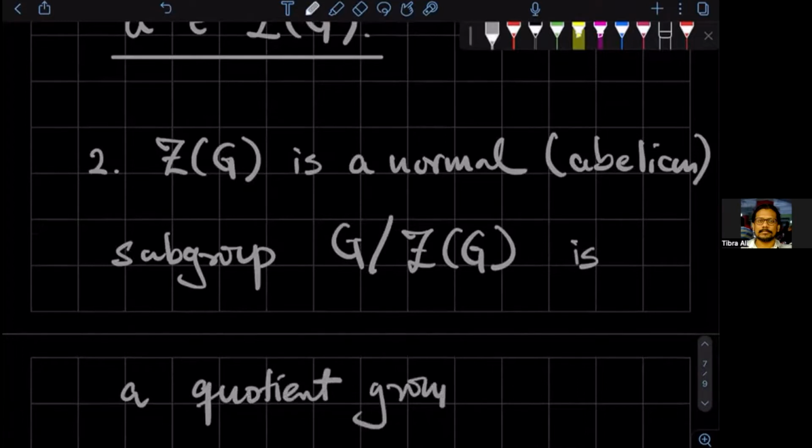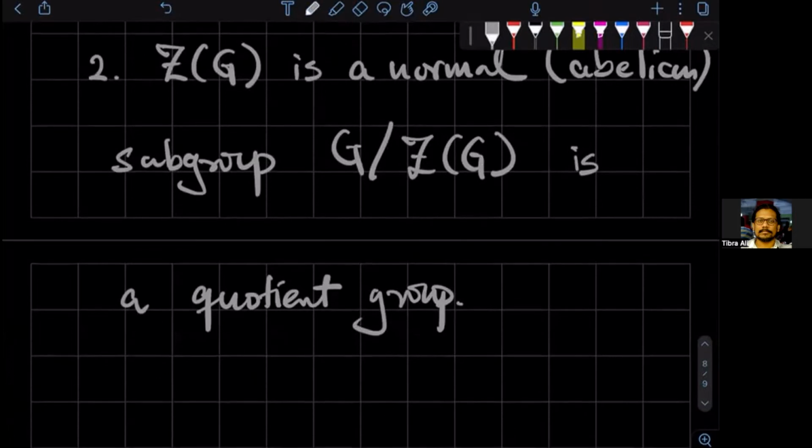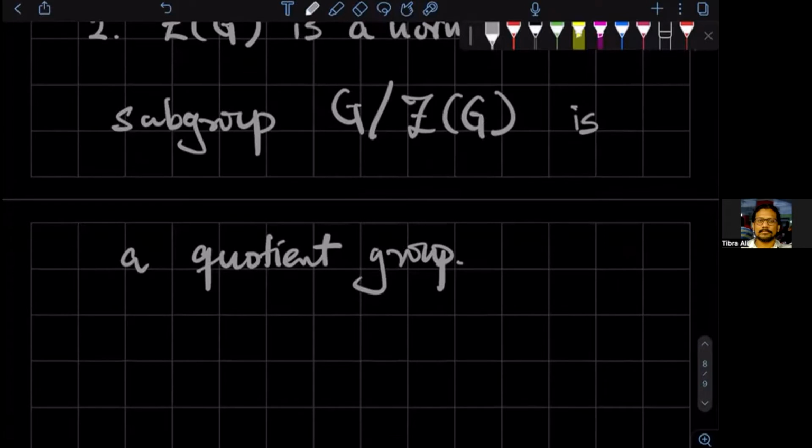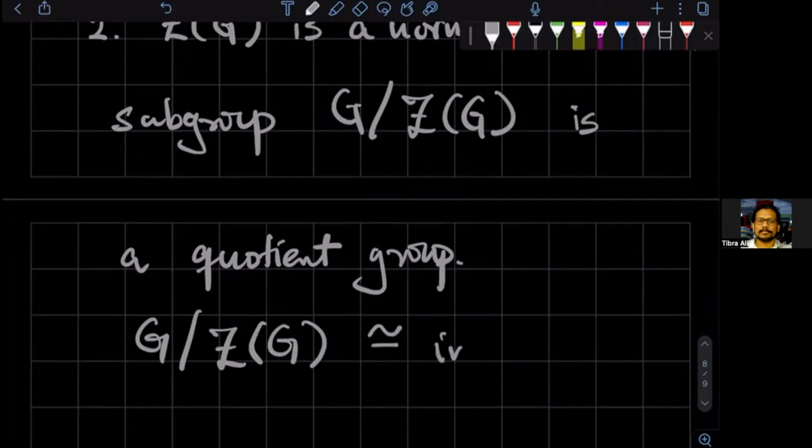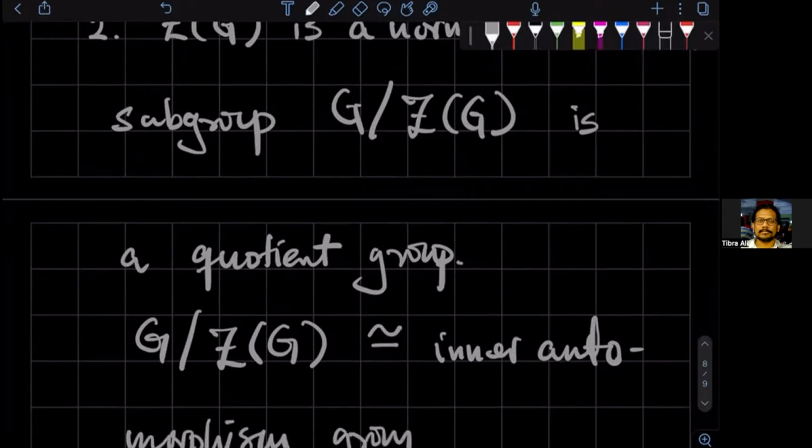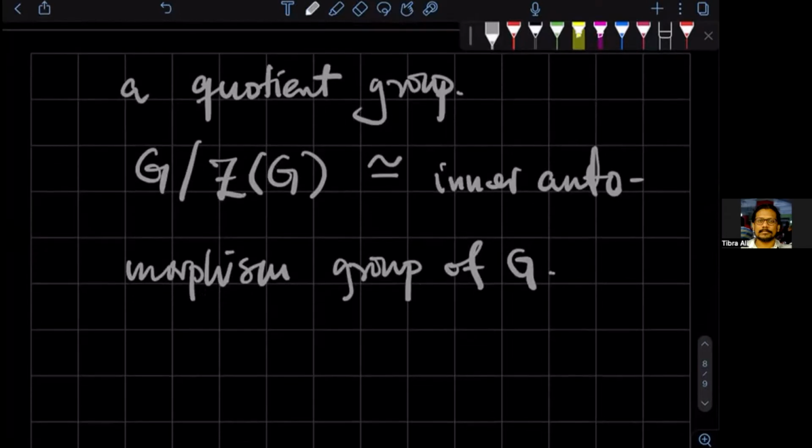Okay. And this quotient group, it can be shown by using a theorem that we will prove in the next week, I think, so this G over Z of G can be shown to be isomorphic to what is known as the inner automorphism group of G. Okay, so what is an inner automorphism?